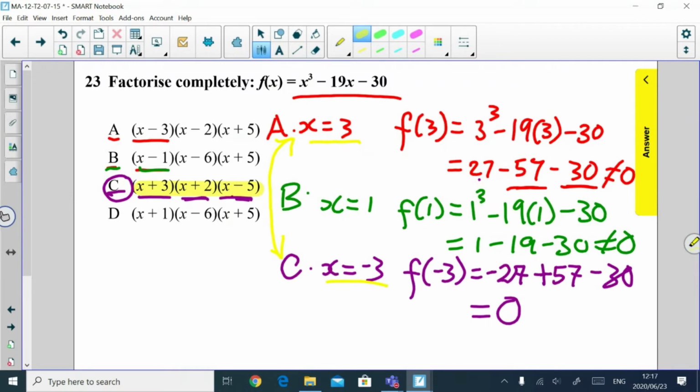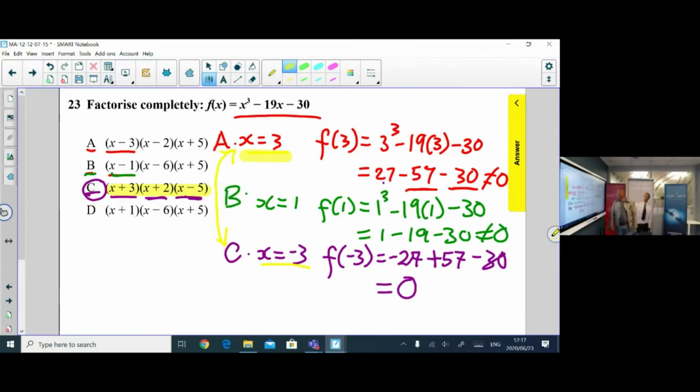theorems hinge simply on substituting a term that you think is a root. For example, what I have on the screen: if I think that x equals 3 is a root of this particular expression, then I put it through, just like we showed here.